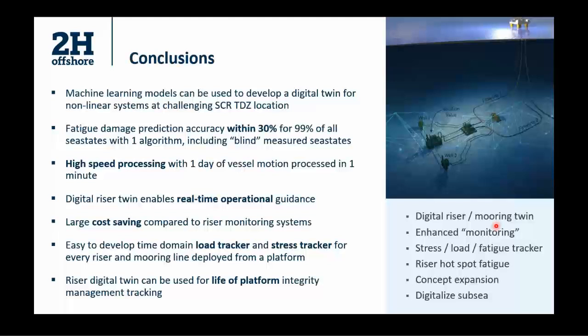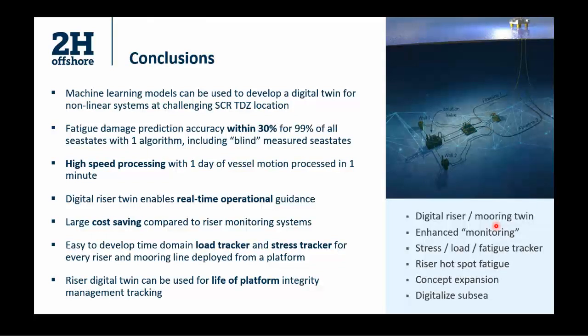In conclusion, we have demonstrated through two case studies the proof of concept development of SCR digital twins at a challenging touchdown zone location. The fatigue damage prediction accuracy is within 20% for all sea states with one algorithm, including blind cross-validation sea states.